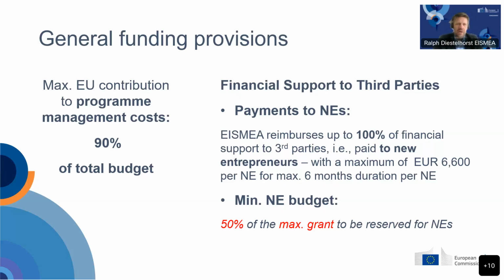And then there's the part which is the core of this program, because you're matching new entrepreneurs, so you are asked to give them a financial contribution when they go abroad. Those contributions are paid to each entrepreneur, and there are limits defined.